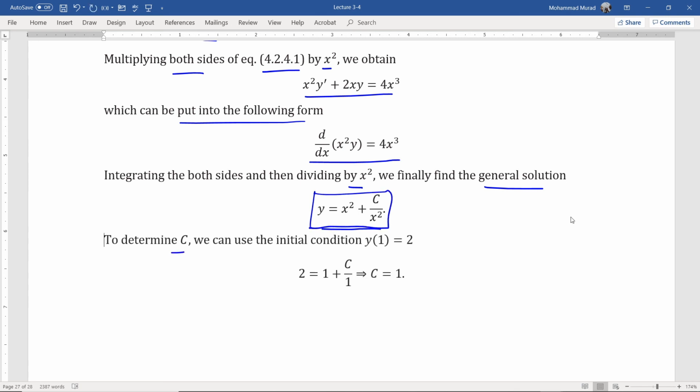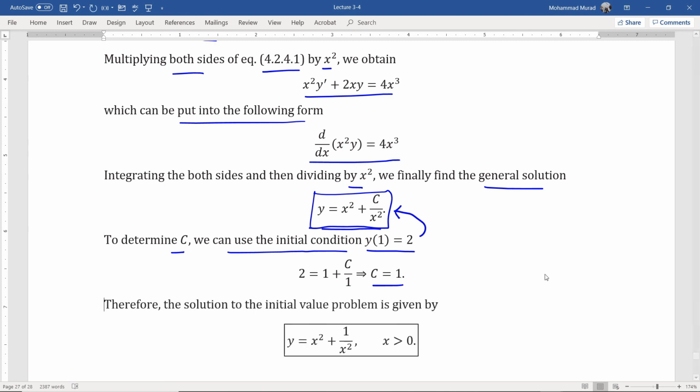To determine C, we can use the initial condition, y at 1 equals 2. So if we substitute x equals 1 and y equals 2 into the equation, we obtain the C value 1. Therefore, the solution to the initial value problem is given by the equation shown in the box for the interval x larger than 0.